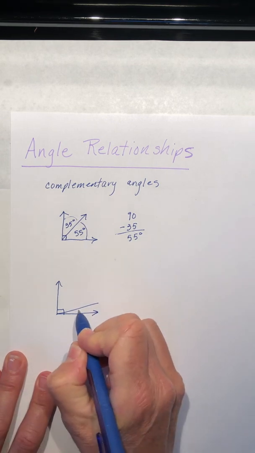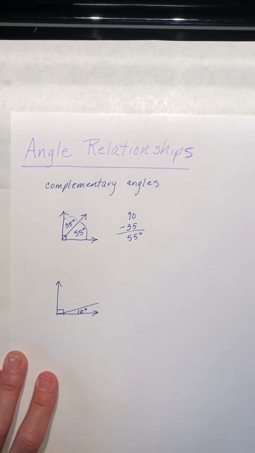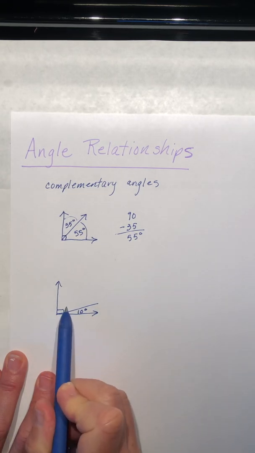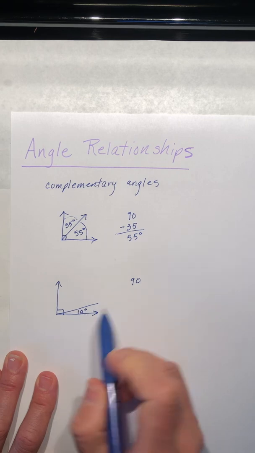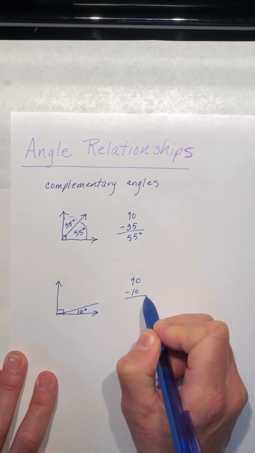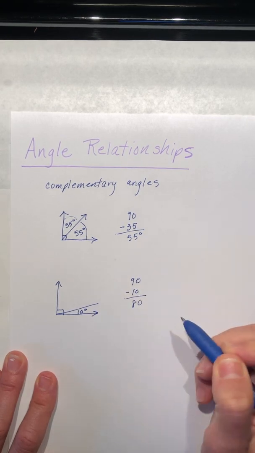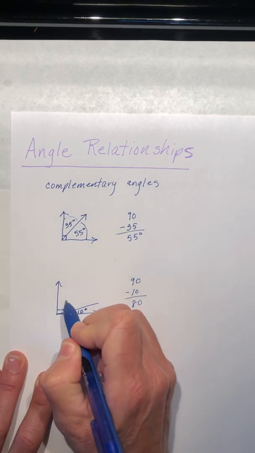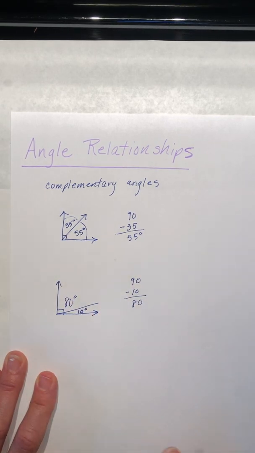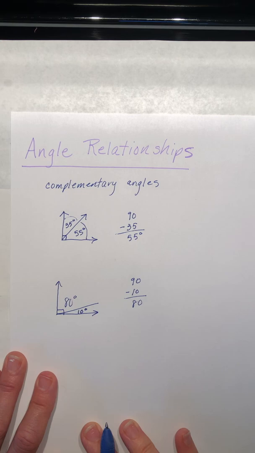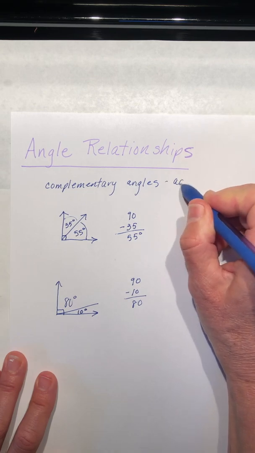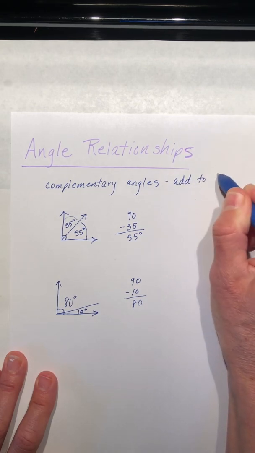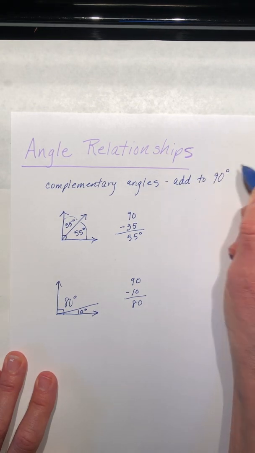So if this one right here is 10 degrees, the way we figure out the value of that one is to say, all right, if the total is 90, I'm going to subtract the part that is 10, and what I'm left with is 80. So I know that this angle right here must be 80 degrees. Complementary angles, they add to 90 degrees. In fact, let's add that in up here. Add to 90 degrees.